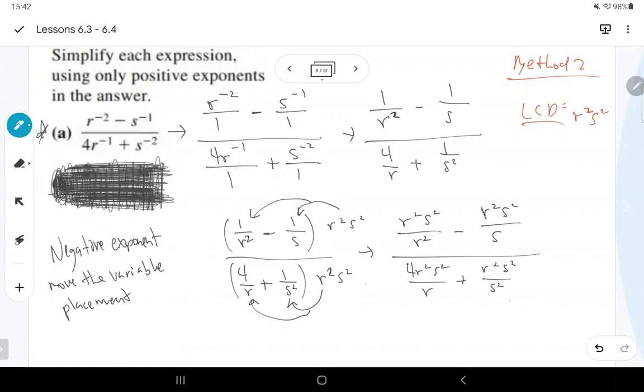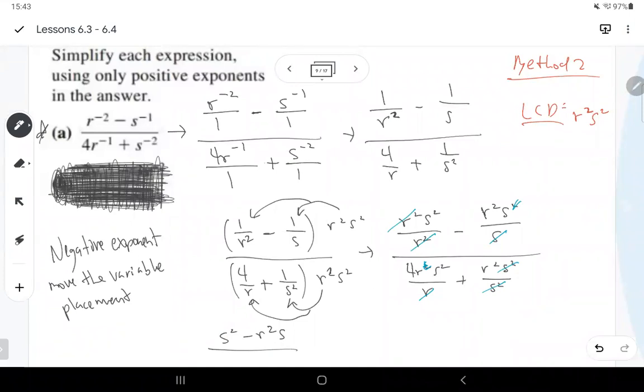And now we can do some reducing. The r squareds go away, the s goes away once, the r goes away once, and the s squared goes away. So we have left s squared minus r squared, which is a difference of 2 squares. Oh, but there's an s left over, so we'll just have a GCF of s.